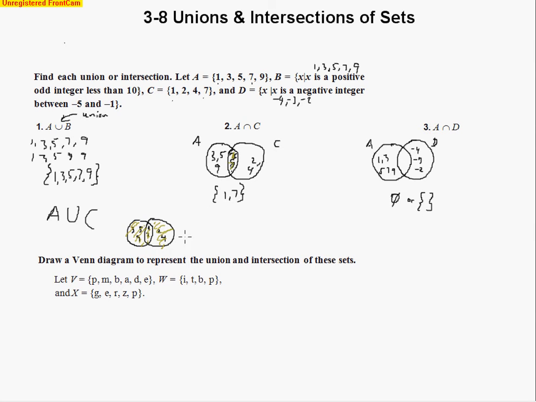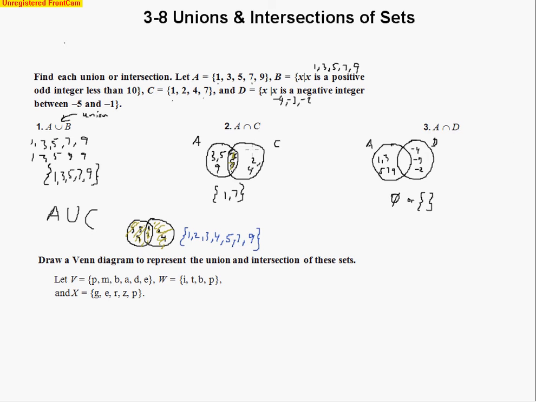So here we get to list all of these values: 1, 2, 3, 4, 5, 7, and 9. So when we're talking about a union, it's every number that is included in set A and set C. We just don't have to repeat the number if it's the same.